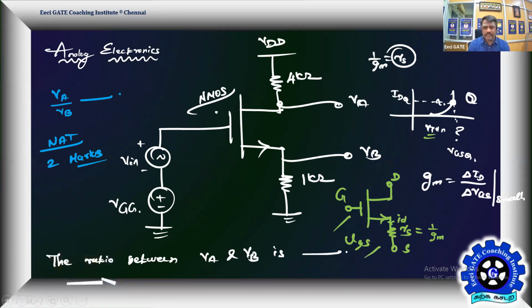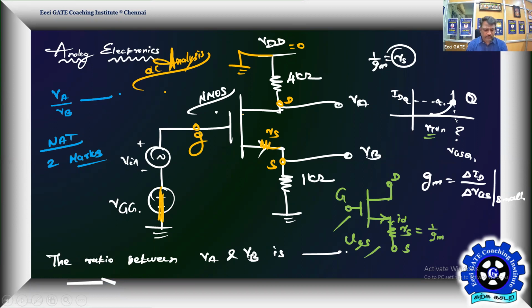VDD should be made 0 because we are about to begin the AC analysis. Then switch off this VGG as well. Then you have to replace your NMOS by its small signal equivalent. Remember, this is your source, this is your drain, and this is your gate. In the gate, you apply your AC potential for the small signal AC analysis.